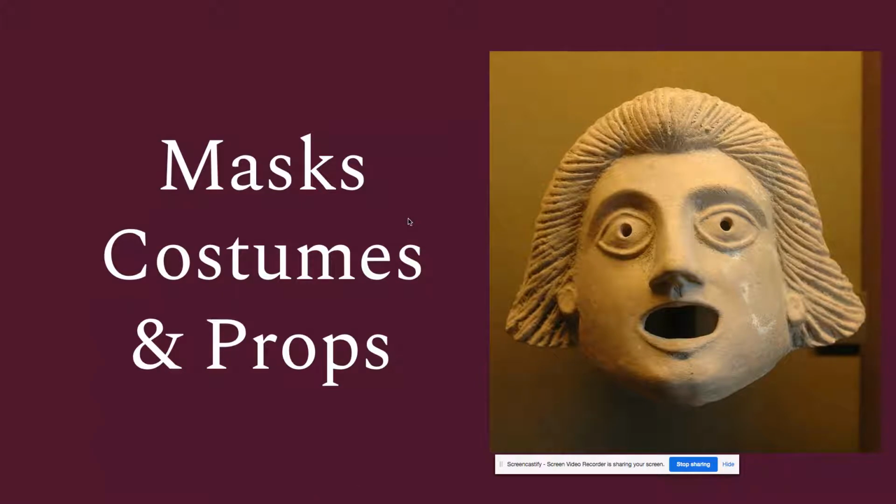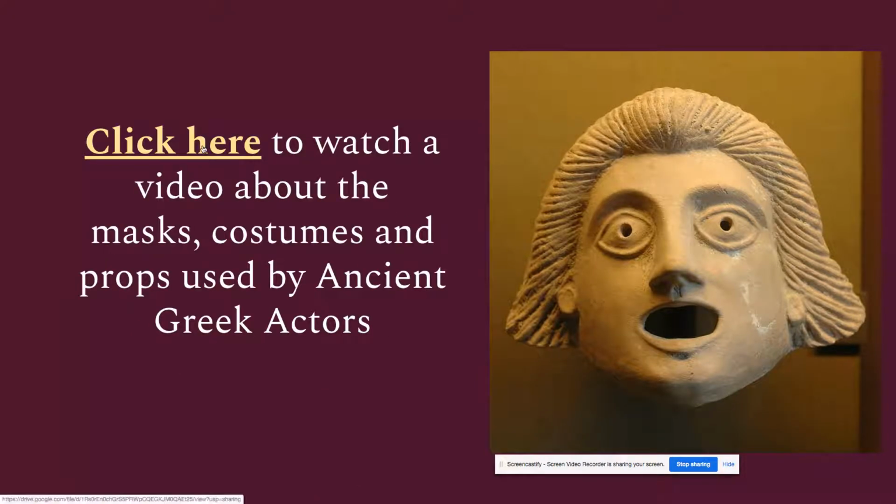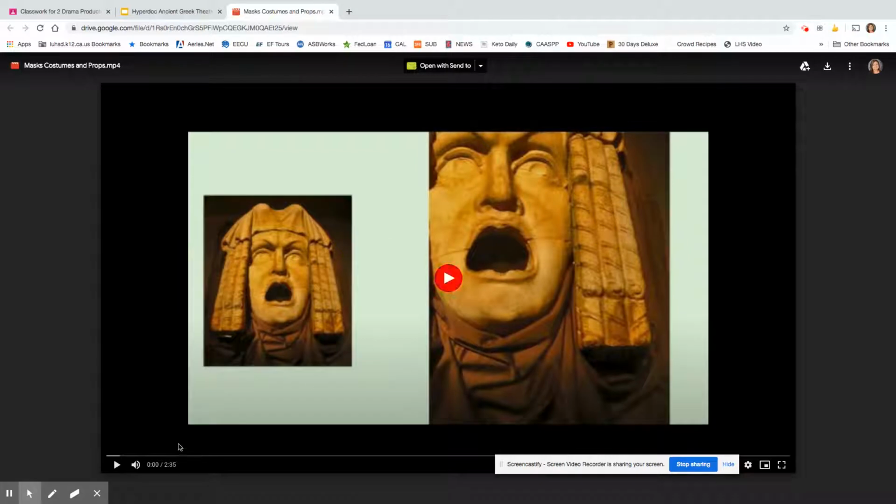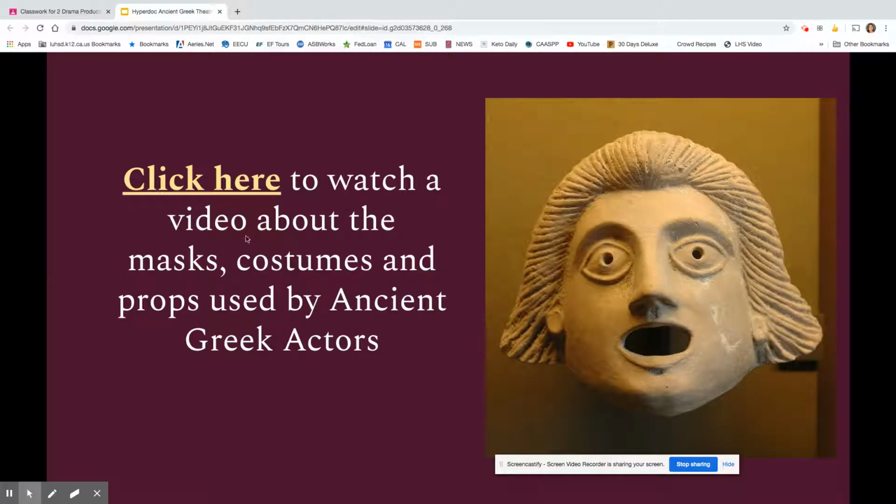Next, you're going to learn about the masks, costumes, and props. You can click right there to watch a video. You just click play here, and it'll take you to a 2-minute and 35-second video. Of course, you can pause at any time.